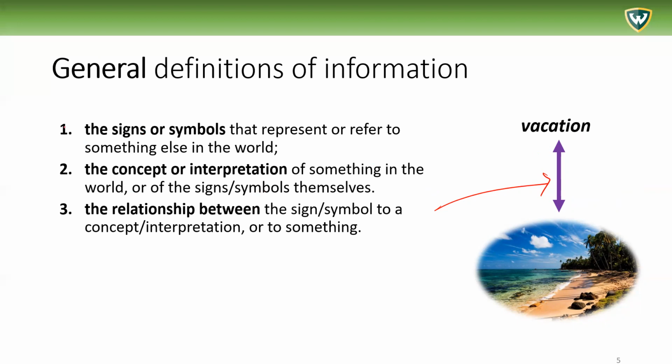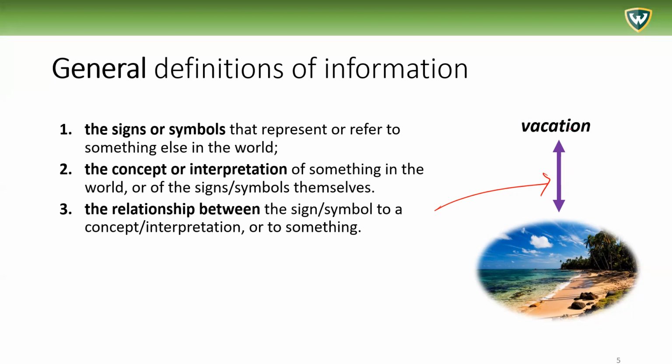So these are the three general ways to think about information: the signs or symbols, the concept or interpretation, which is a human subjective or cognitive process, and the relationship between those signs or symbols that we see and also something else in the world. In a way, it's a relationship between two things.